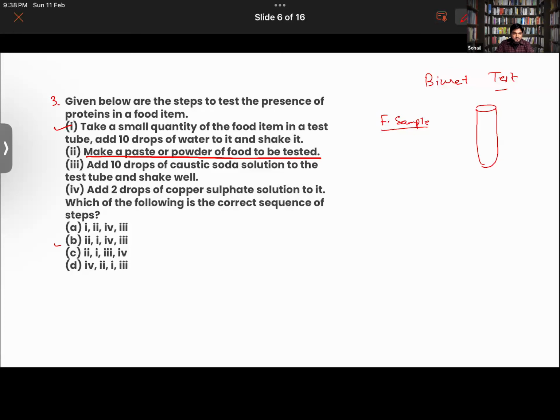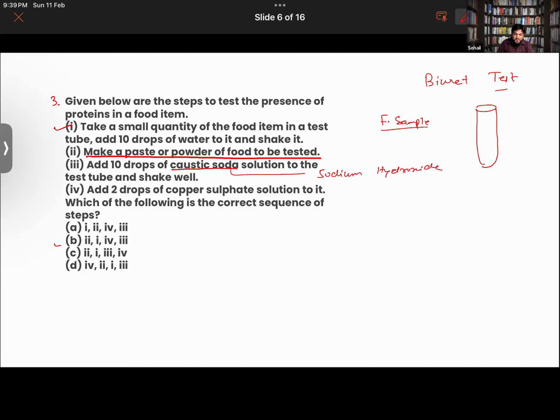Next, you'll be adding some copper sulfate solution into it. No. First of all, you need to add sodium hydroxide to it. Caustic soda is another name for sodium hydroxide.